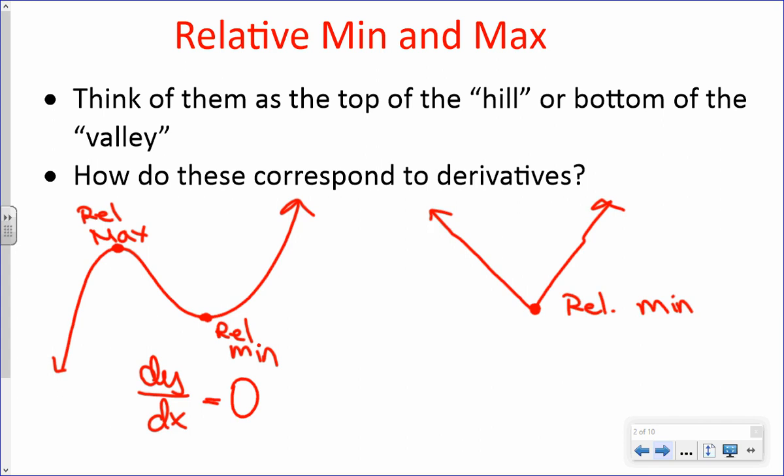What's true about the derivative there? Okay, there, our derivative is undefined.